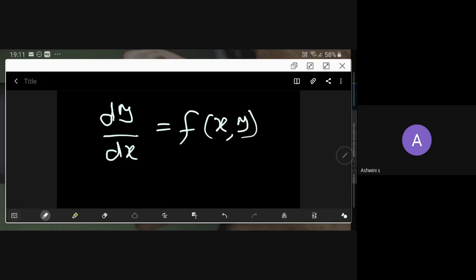The left hand side is the first order derivative, and the right hand side is a function of x and y, and the right hand side is free from derivatives.